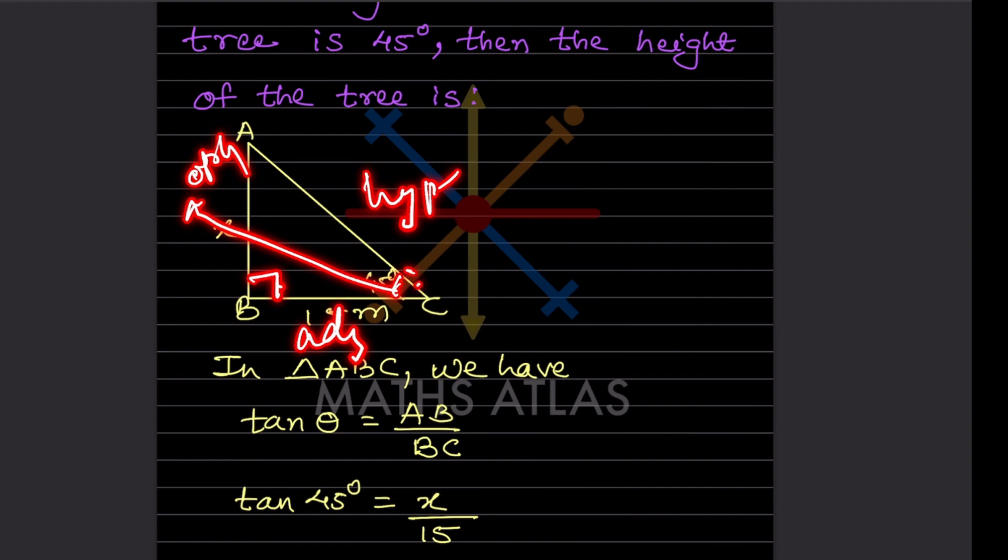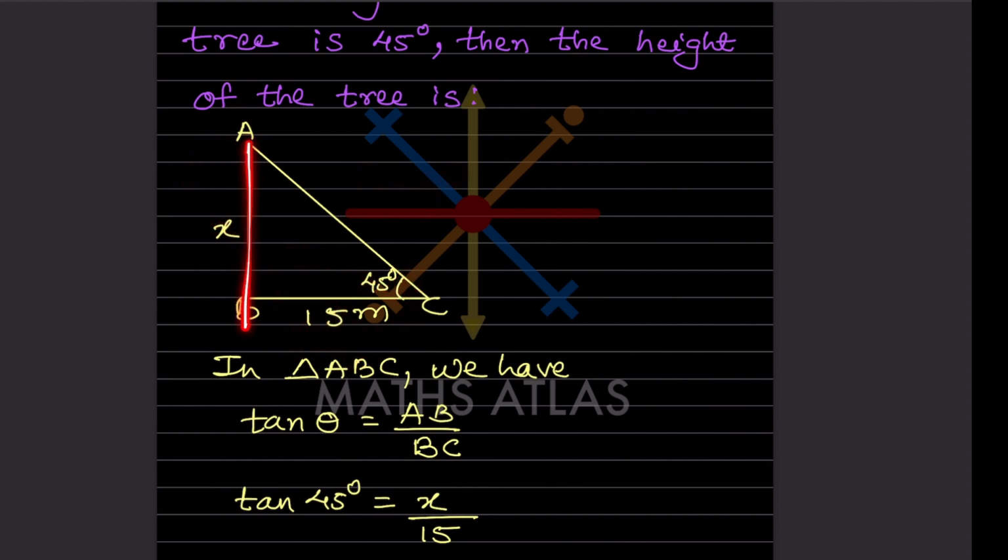So tan theta we can start from, because we know this one. So tan theta is what? AB by, because we need this one and we know this. Here we know the opposite and adjacent, so we get that in tan theta. This is AB by BC. So we can write tan 45 is X, that is AB, and BC is 15.